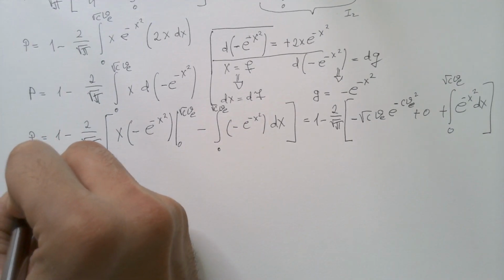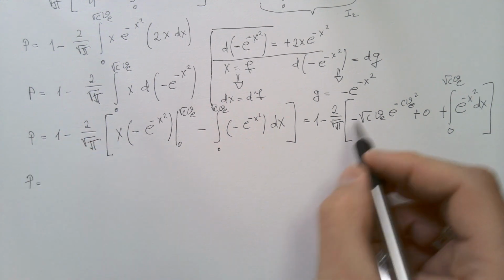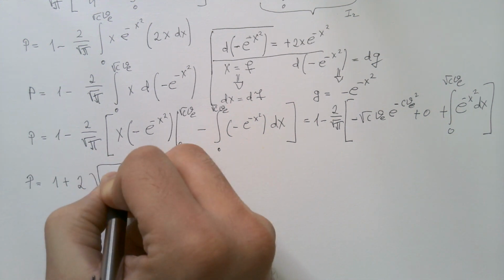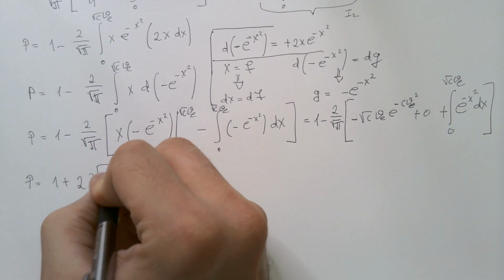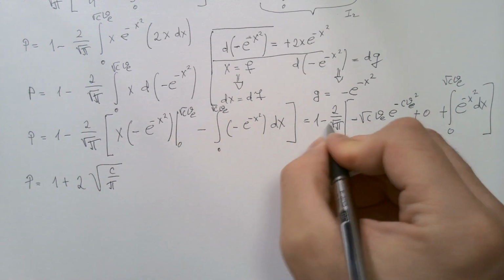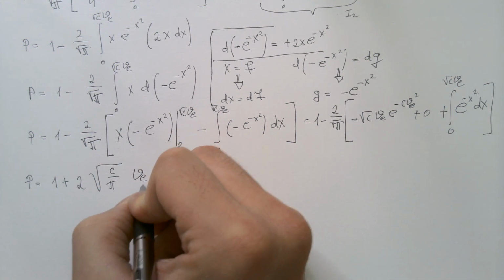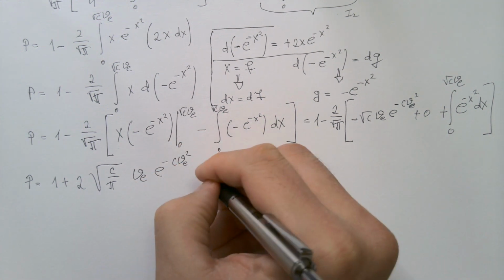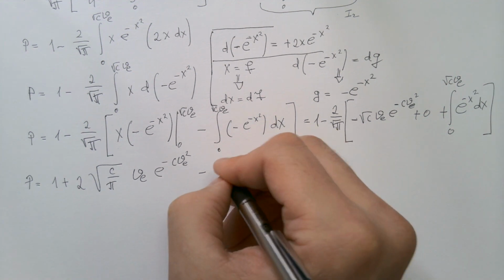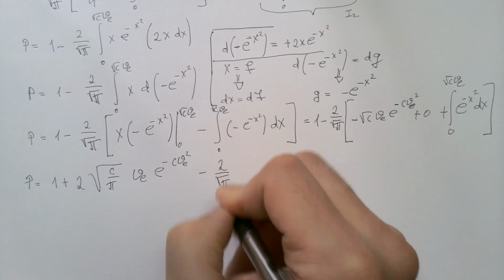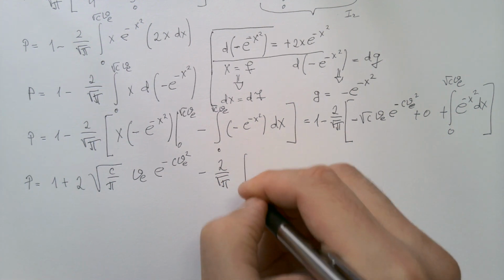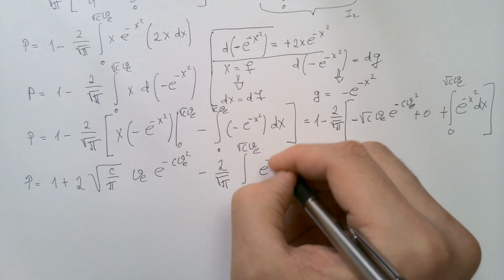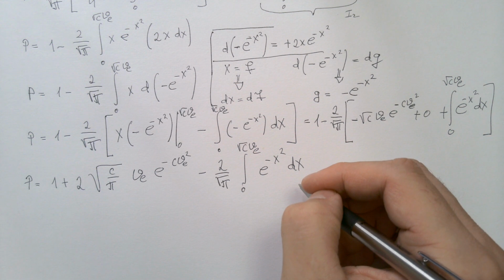Or I can write that integral p is equal, this minus and this minus will give me plus, so 1 plus 2 times square root c over pi, when I combine these, times ve times e to negative c ve squared, minus, when I multiply here, 2 over square root of pi, integral between 0 and square root c ve e to negative x squared dx.